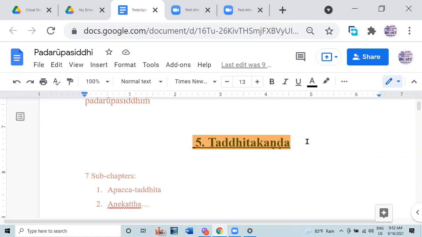Yeah, interesting question. If so, how to say the other chapters? Why Nama Kanda, why not Nama Vidana Kanda? Karaka Kanda, why not Karaka Vidana Kanda? Samasa Kanda, why not Samasa Vidana Kanda? Okay, just because only the Gita and Taddhita refer to the names of the Pachaya.